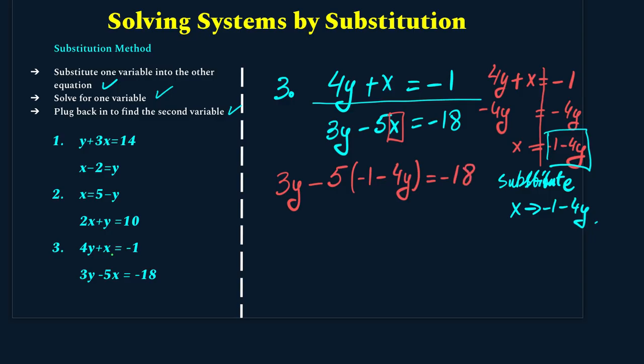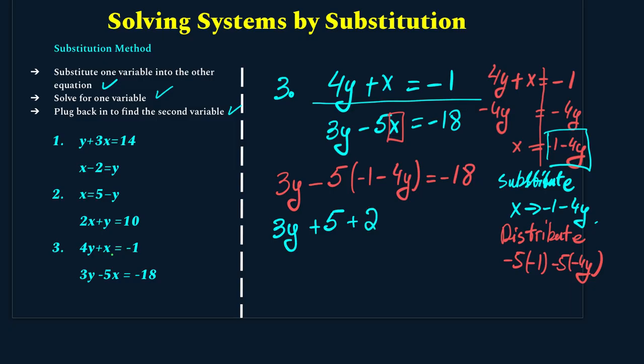Okay, here we're going to start with, you guessed it, distribute. And we're going to distribute negative 5 times negative 1, and then negative 5 times negative 4y. Okay, let's go ahead and write that down. 3y as is. Negative 5 times negative 1 will be positive 5. Negative 5 times negative 4y will be positive 20y.